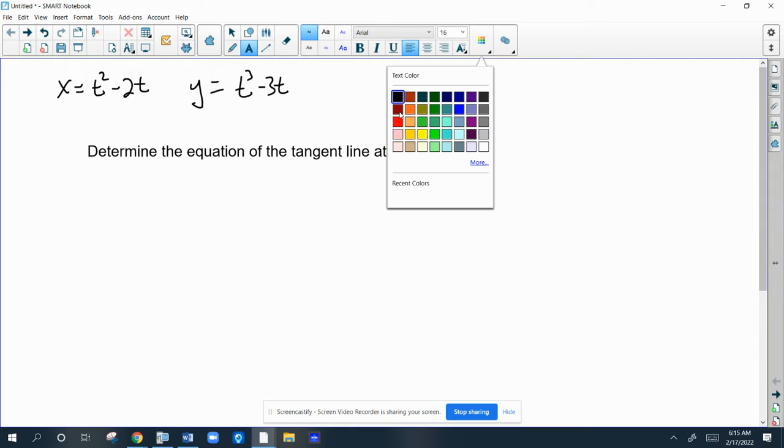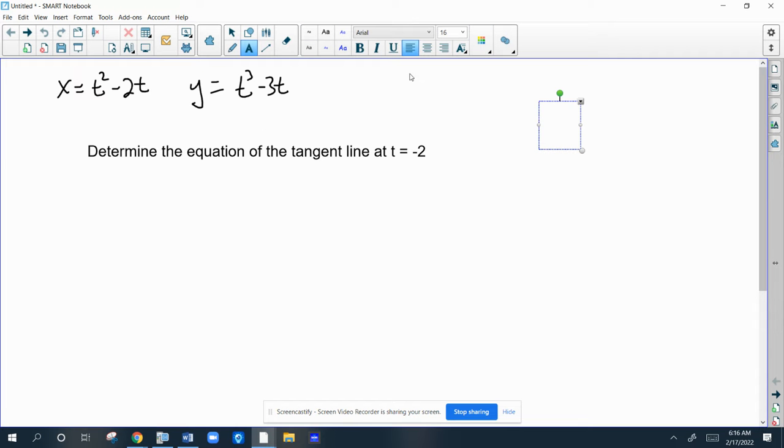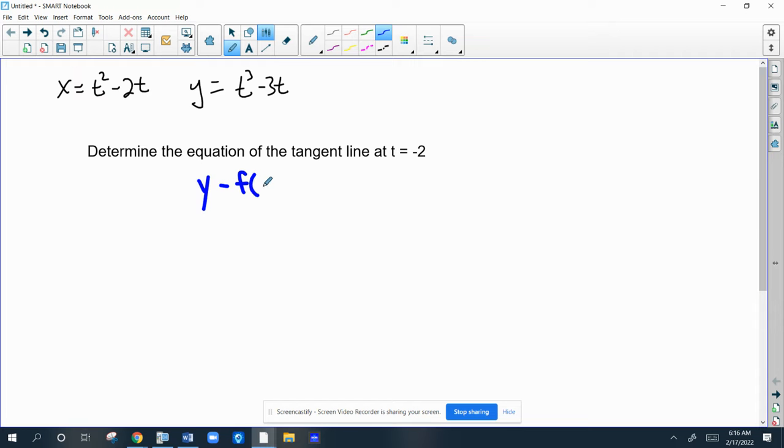So your regular function tangent line, which we're going to use, even though this is not a function of x, is y minus f of -2, or just the y value, equals the derivative at -2 times x plus 2.